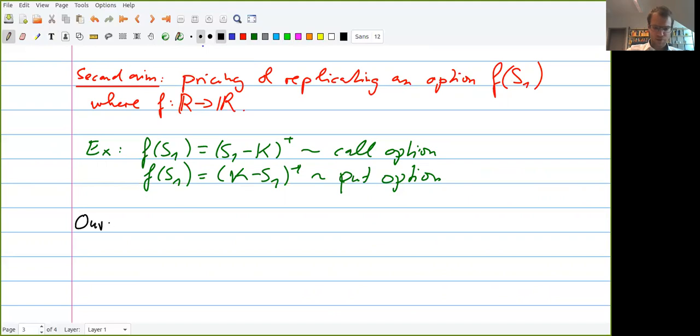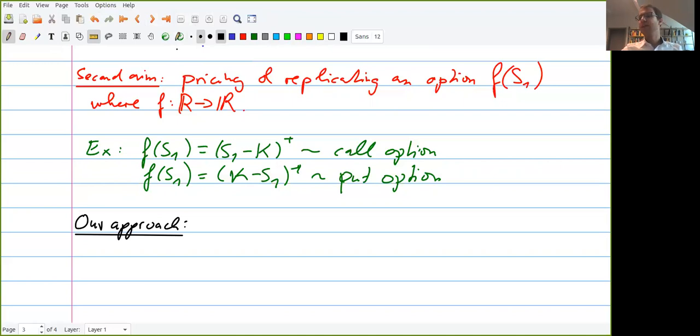So let us make a naive approach, and we will be lucky that this approach works. What we want to try is to replicate, so find a way to reproduce the payoff of this option by trading in the underlying market.